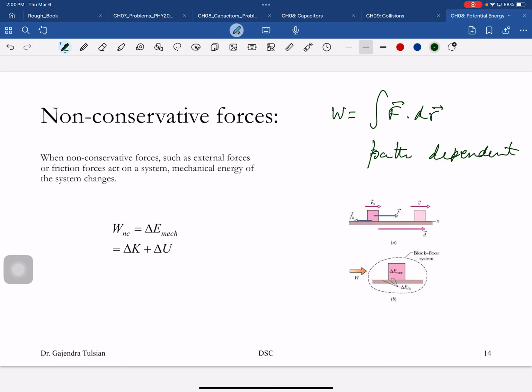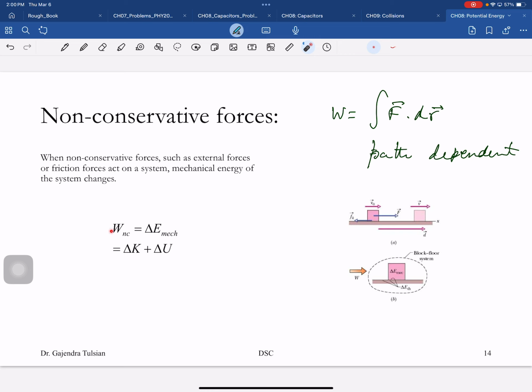How many non-conservative forces are there? Yeah, many non-conservative. So we have to deal with those. When non-conservative forces, such as external forces or friction forces, act on a system, mechanical energy of the system changes.